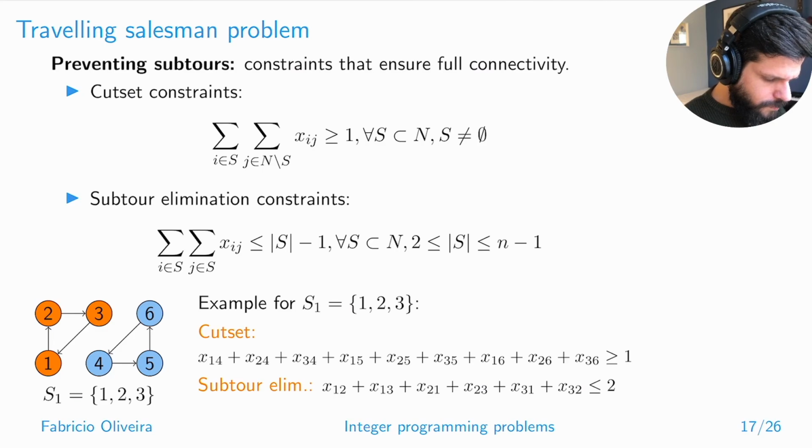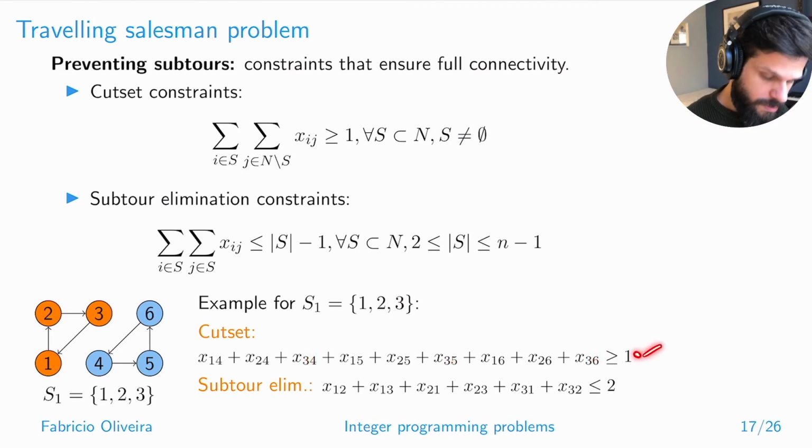So the formulation of the cut set constraint would be like this, saying that because it's 1, 2, 3, I need to have one arc going from 1 to 4, 5, or 6, from 2 to 4, 5, or 6, and from 3 to 4, 5, or 6.